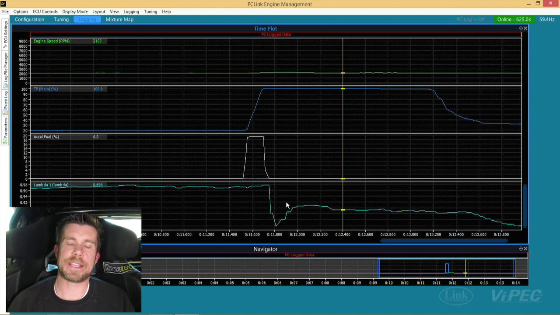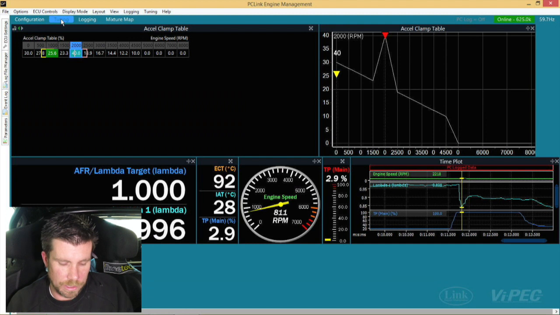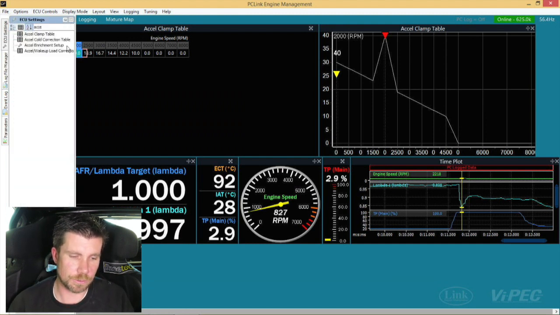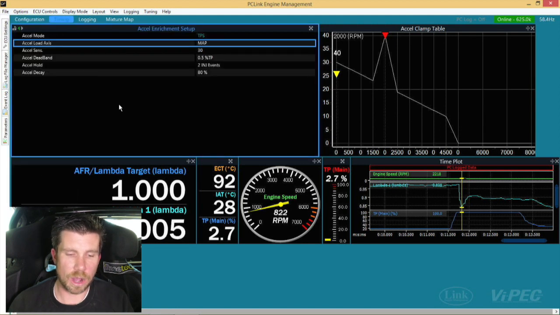So for me, what I'm seeing here is the rich area down at 0.83 is a little bit richer than I'd like, and there's two ways we can deal with this. One, we could obviously reduce our acceleration clamp value, and that will reduce the total amount of fuel being delivered. The other thing we can do, remember we talked about our decay rate and we talked about our hold.